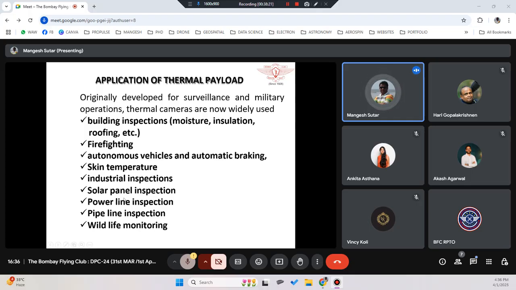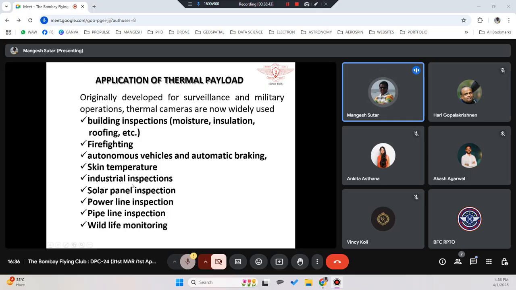Power line inspection, we have used a thermal sensor for a different purpose, but it has also given a different perspective when we captured the images in the thermal spectrum, or infrared spectrum. So basically we were able to understand the material used for the power line transmission wires.